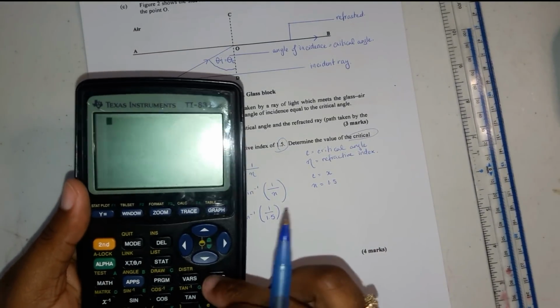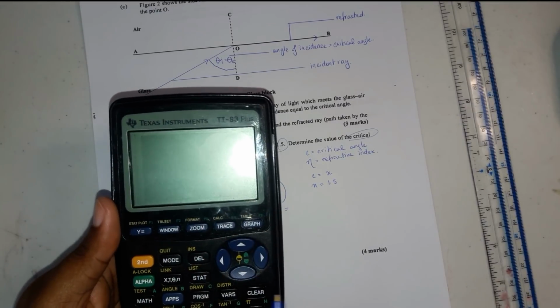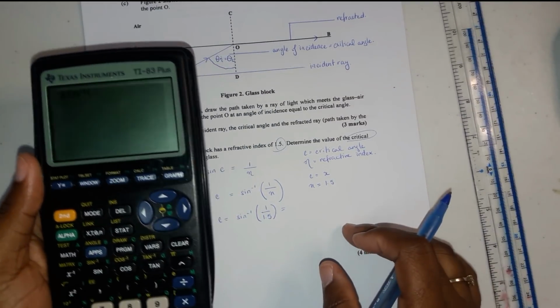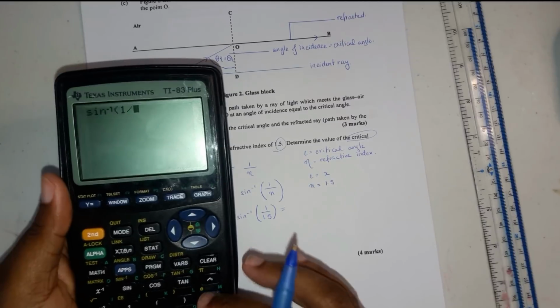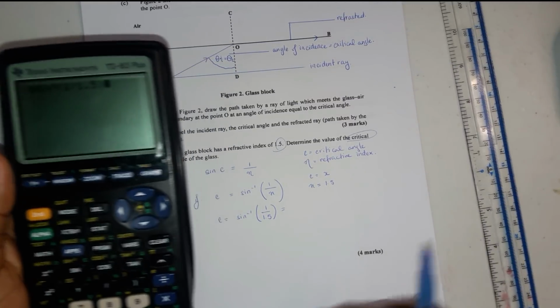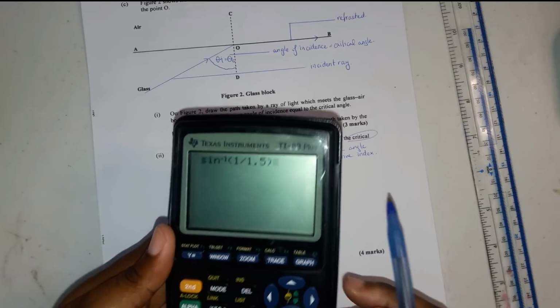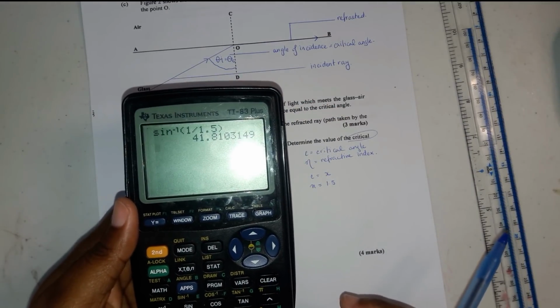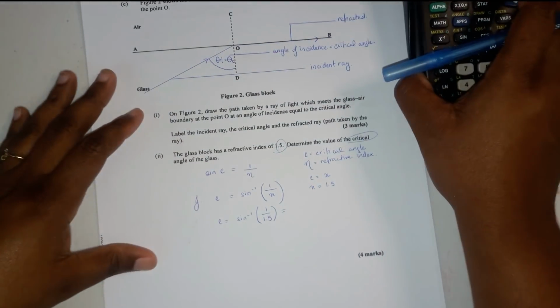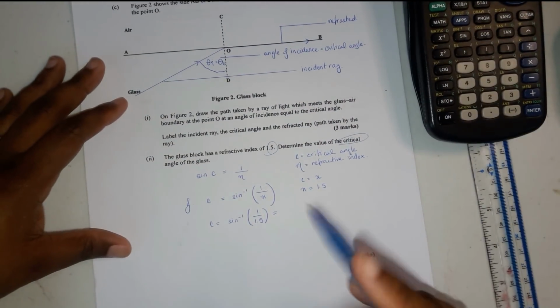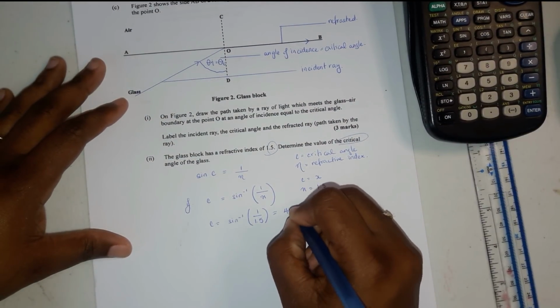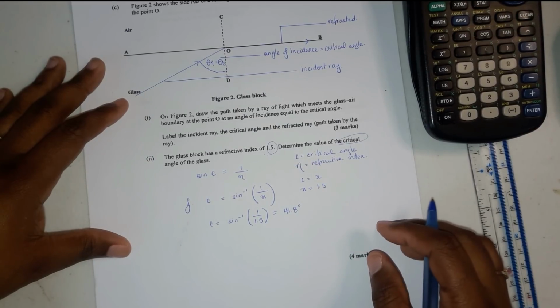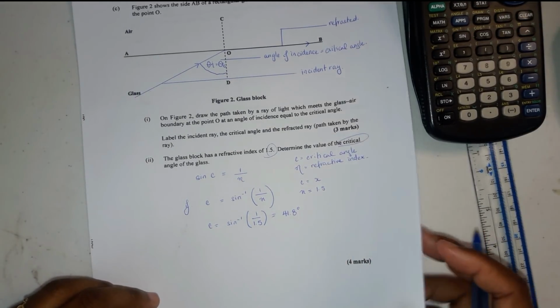To do the inverse is second function, inverse sine, and we do 1 divided by 1.5, as can be seen here. And you should get 41.8 degrees. Great.